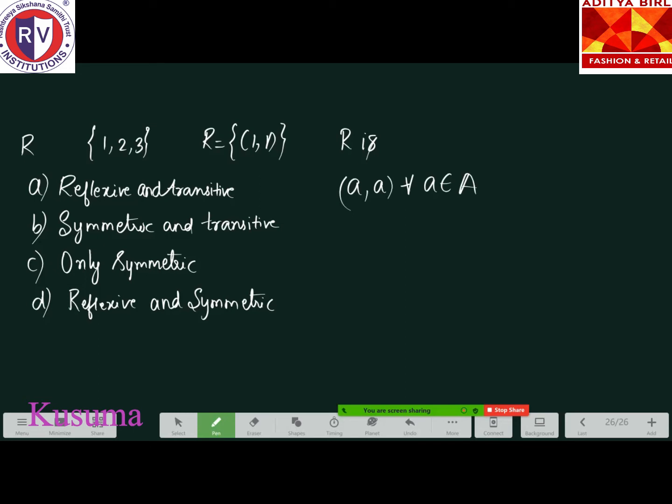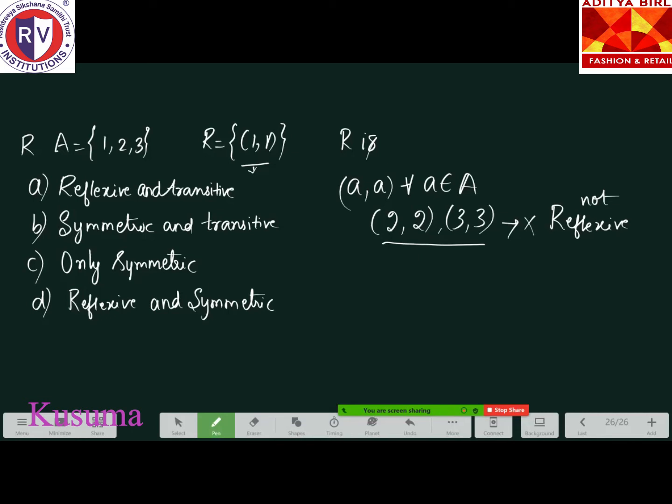In the given set A, there are 3 different elements, 1, 2, and 3. But in the relation, there are no elements 2 comma 2 and 3 comma 3. So this relation is not reflexive, because the ordered pairs 2 comma 2, 3 comma 3 are not in the given relation.